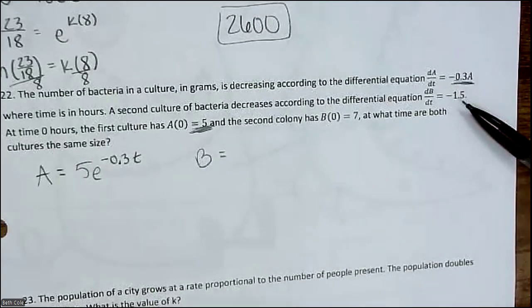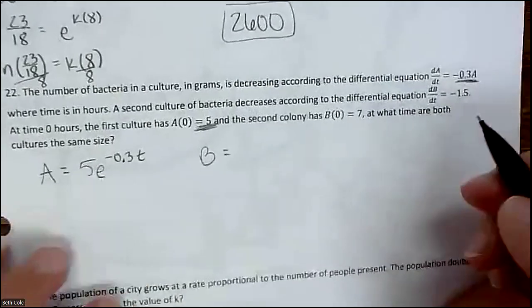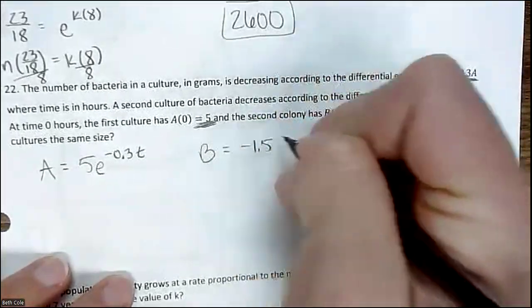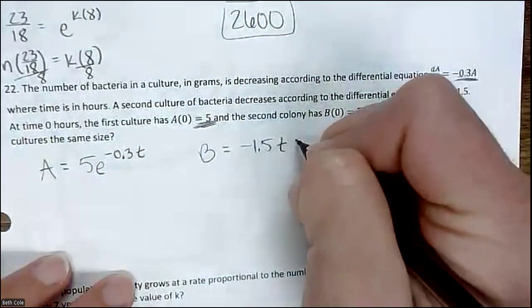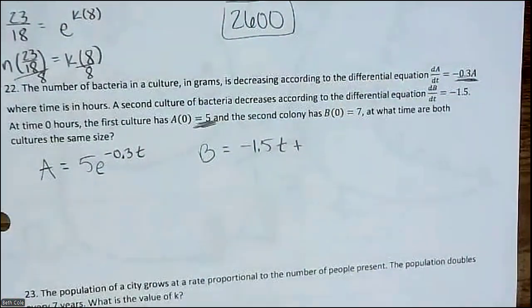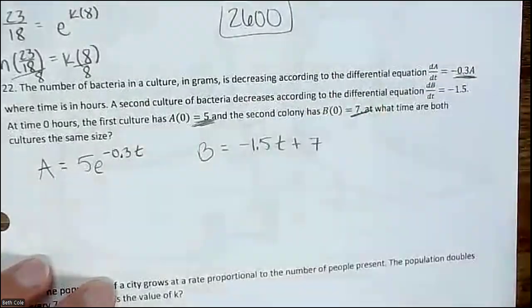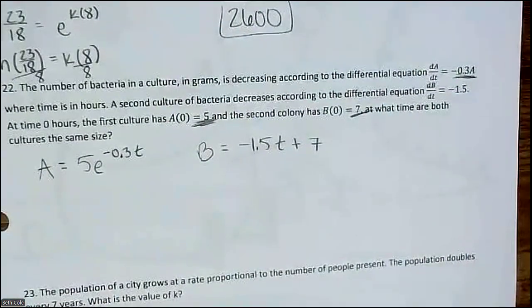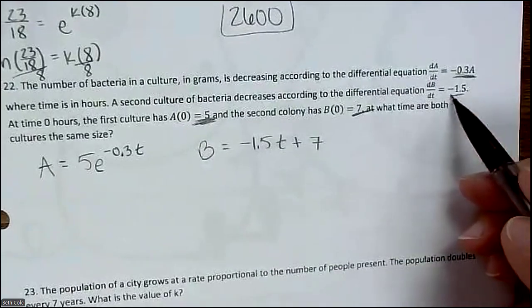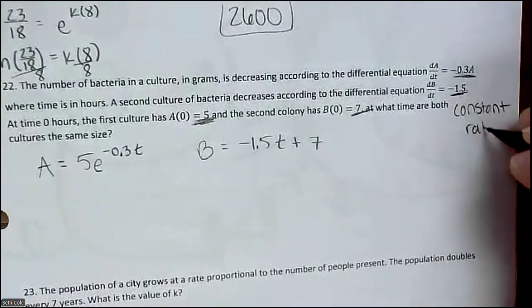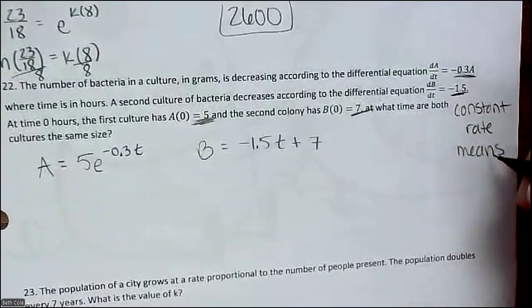Because it won't be a swoop. Linear. Perfect. Y equals mx plus b is what we're doing. So it's negative 1.5 t plus, what was the initial condition for B? You have to go find that somewhere, 7. I am so glad that you said constant. I was hoping somebody would say constant. Do you see how that's a constant? In fact, that's so important. Let's write that down. Constant rate means linear.